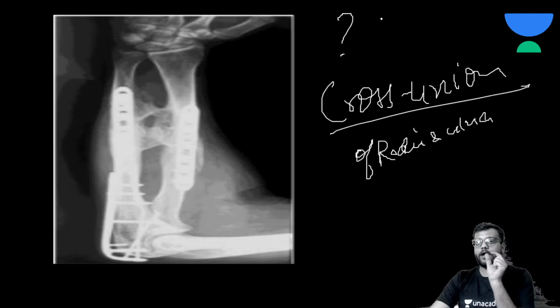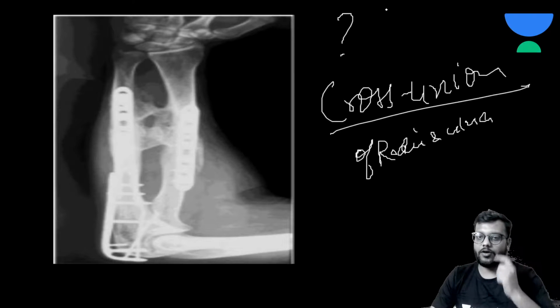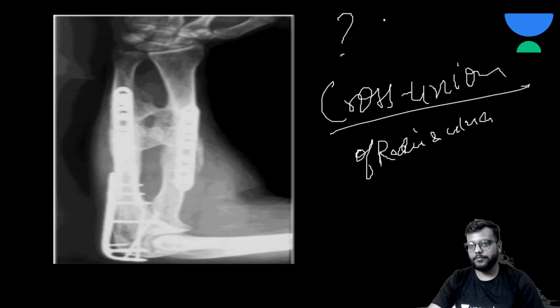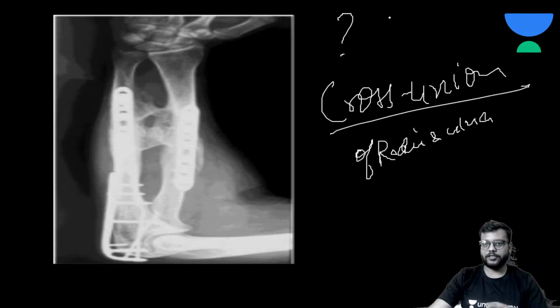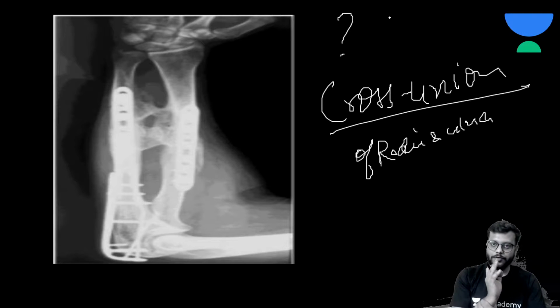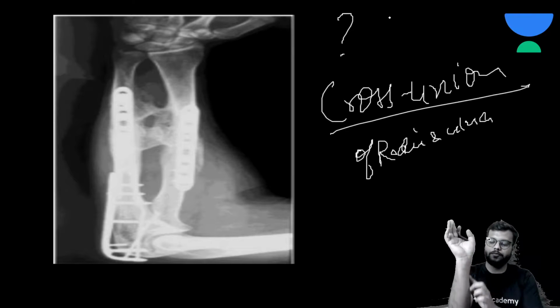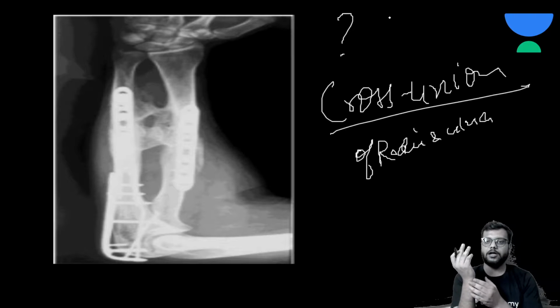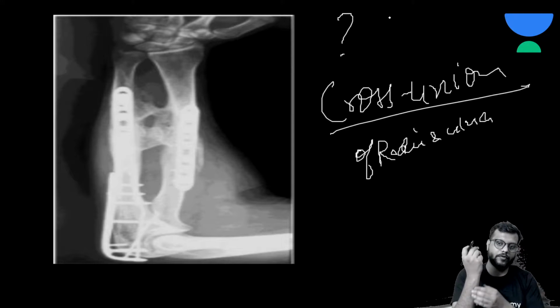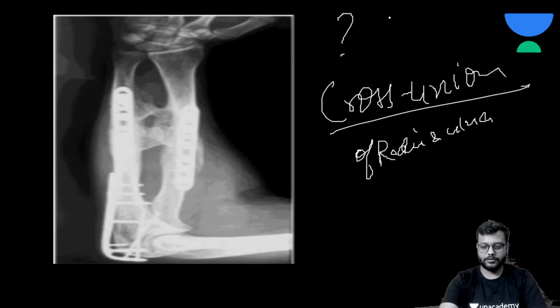So that's why, ulna and radius ko fix karne ke liye during surgery you open them from different sides. Okay, firstly you open radius, and radius is deep seated. It is opened from the anterior aspect, and ulna is sort of subcutaneous only, not very deep, so it is opened from the posterior aspect.